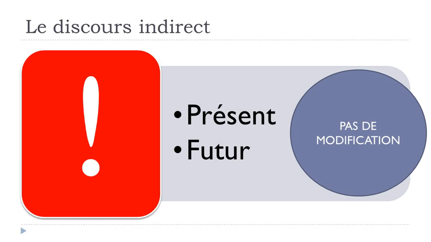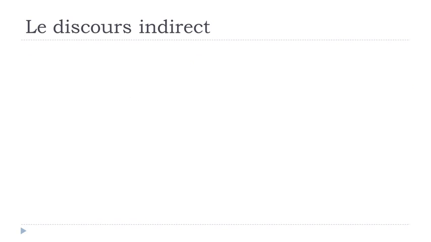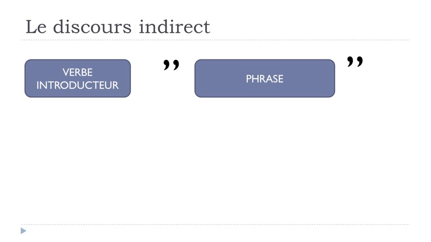But then, of course, it's the French language, so we've got to think about this. It's the common structure that we will have: verbe introducteur, and then after that we've got the sentence, okay? If you've got this first part at the passé, so it's the past here.